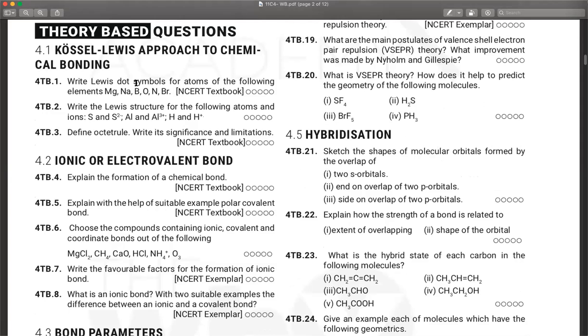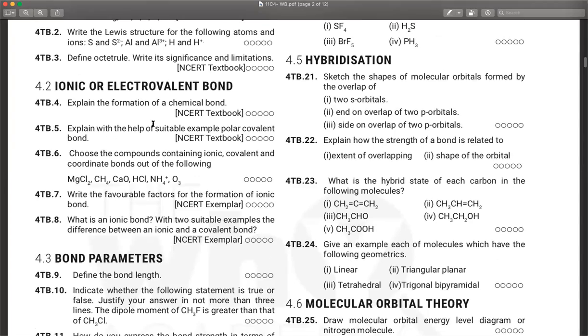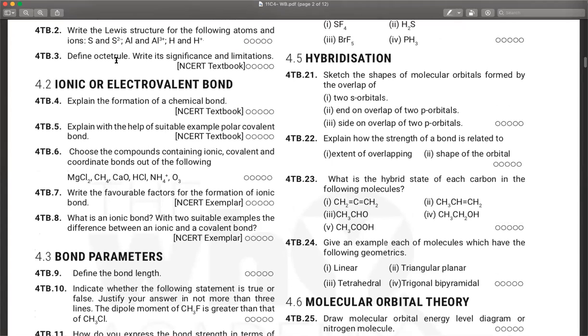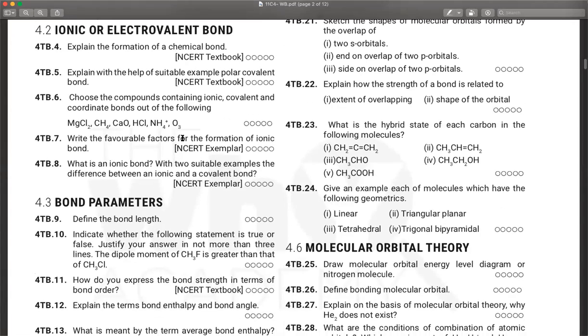Lewis approach, Lewis dot symbols, Lewis structure for ions, these are all easy. Define octet rule, this is all theoretical, so we don't need to do this. Explain the formation of a chemical bond.